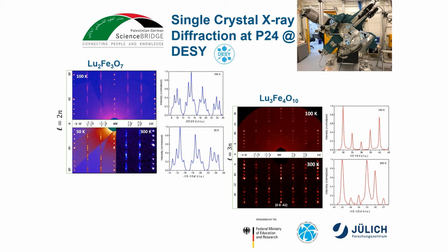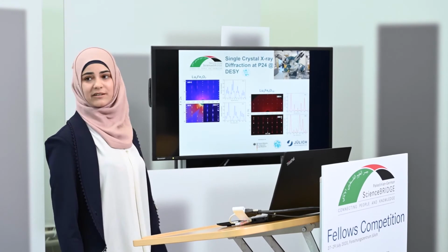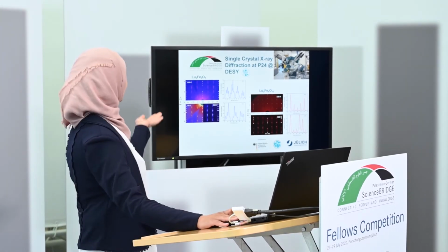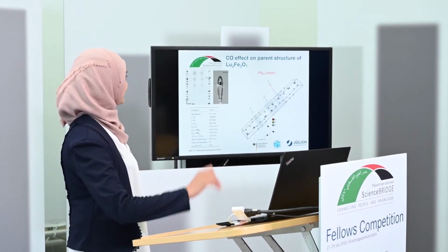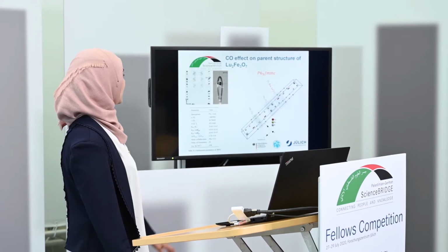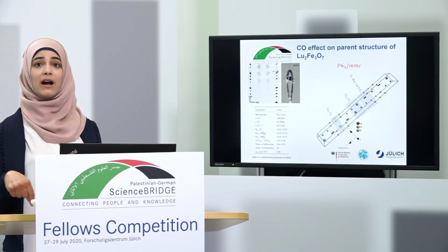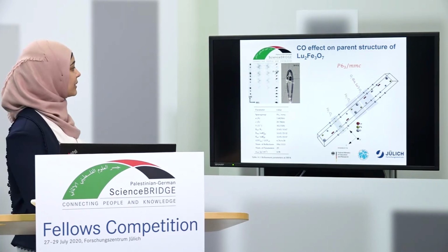We have an overlap, and to overcome this problem, we went to the beamline P24 at DESY because it has, of course, a better resolution, and we collected reflections for the refinement for both the 237 and 3,4,10. And so I tried to refine the 237 crystal structure with the charge order present, neglecting the superstructure reflections to see what happens.